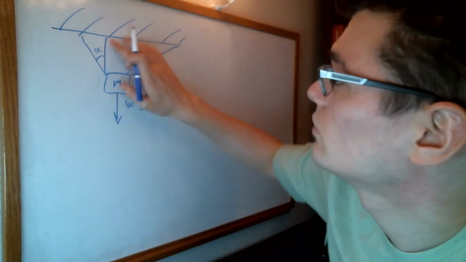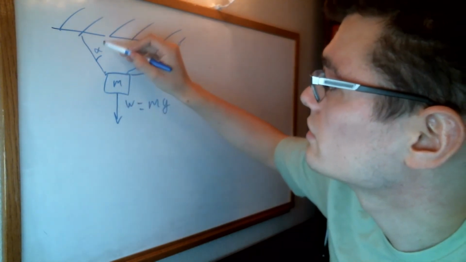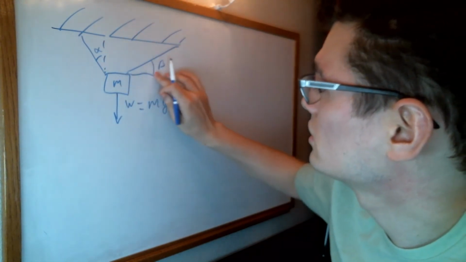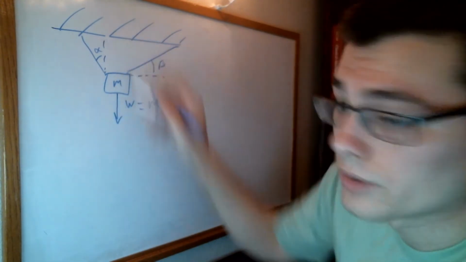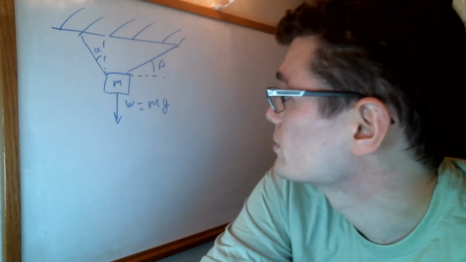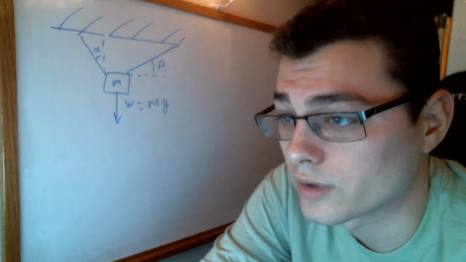I also want to note that this is a dotted line, and so is this one, just so you know exactly which way the ropes are going to be getting pulled from.